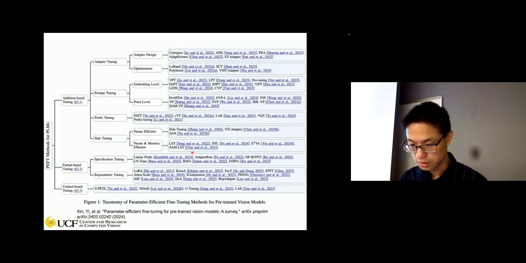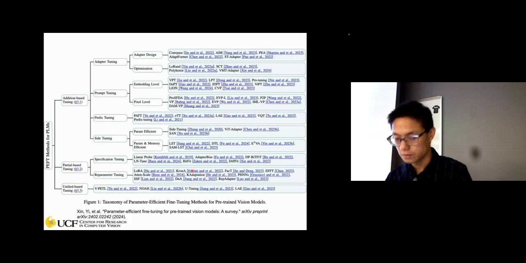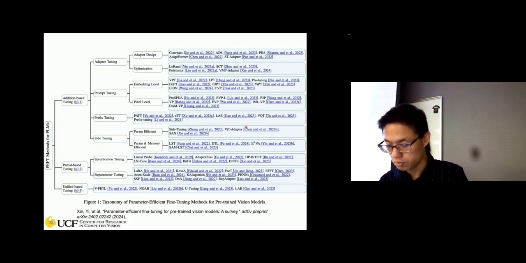Specifically for this survey paper, they survey different methods under different categories: adaptive tuning, prompt tuning, prefix tuning, other specification tuning, reparameterization, LoRA, and some other branches. This just gives you what the taxonomy looks like in this survey, so you can go to the right reference.